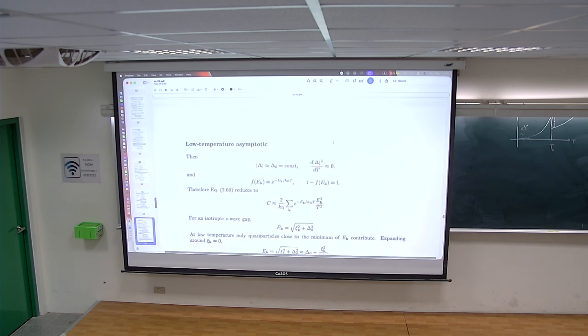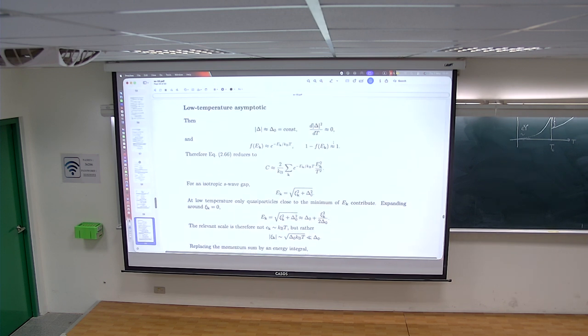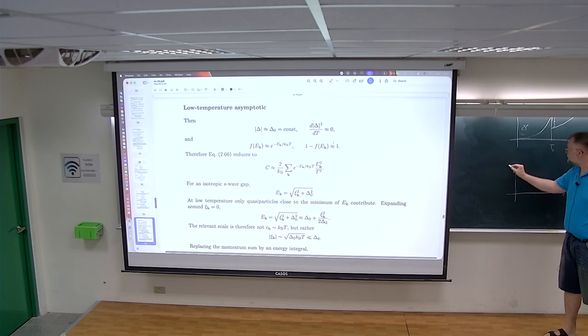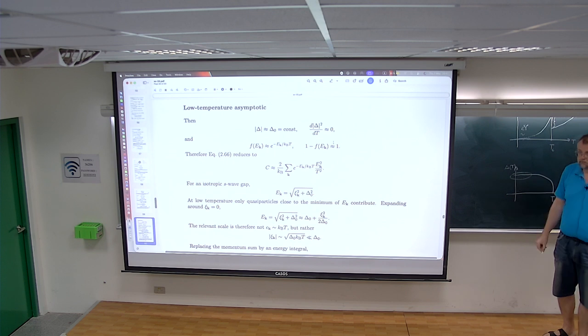Okay, so I am doing the low temperature asymptotics, and in these asymptotics I need to start approximating. You remember we calculated how delta depends on the temperature via the gap equation: it is almost constant, and then it goes in this way close to T_C. So in these low temperature regions the delta is roughly constant.